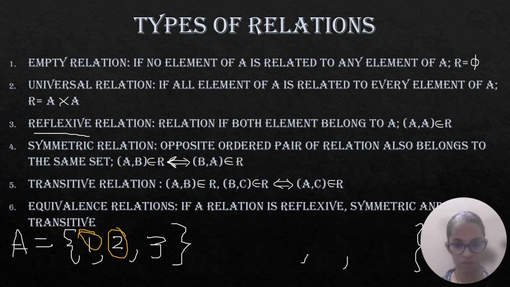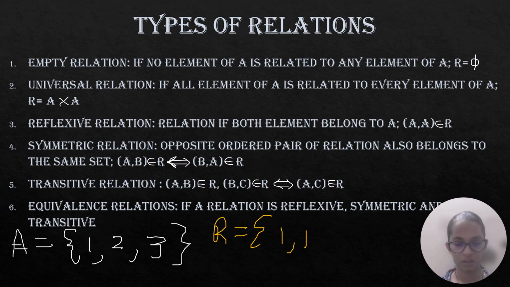And the next we have is a symmetric relation, in which the order matters. So let's take the same example, and now R will change and become R is equal to, for example, 1, comma 1. If you change the order here, it will return 1, comma 1 only, so no effect is done.